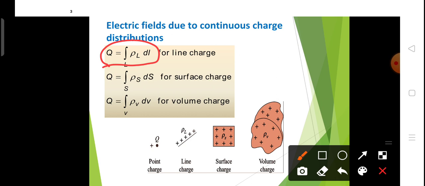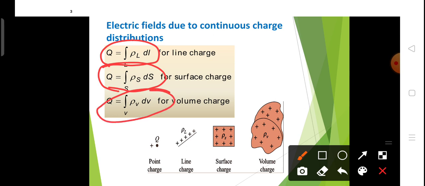Then for surface charge, the Q is surface integral of rho s ds, which is given in the second equation. For volume charge distributions, the total charge Q can be calculated as volume integral of rho v dv, which is given in the third equation.